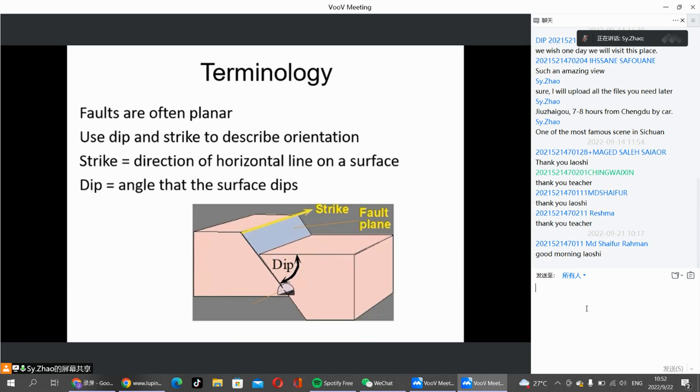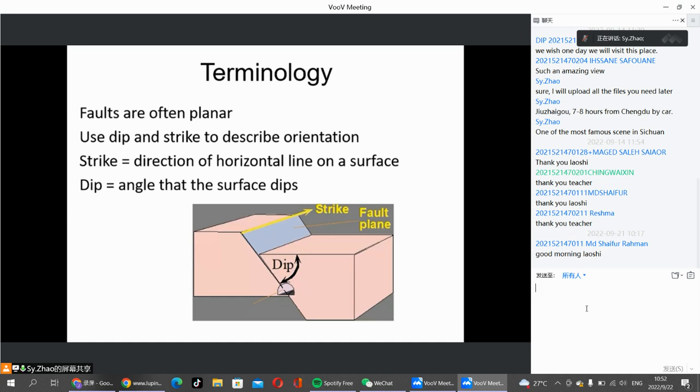And faults commonly create zones of badly broken ground that are weaker and less stable than adjacent rock, with implications for foundation bearing capacity, slope stability, and tunnel roof integrity.